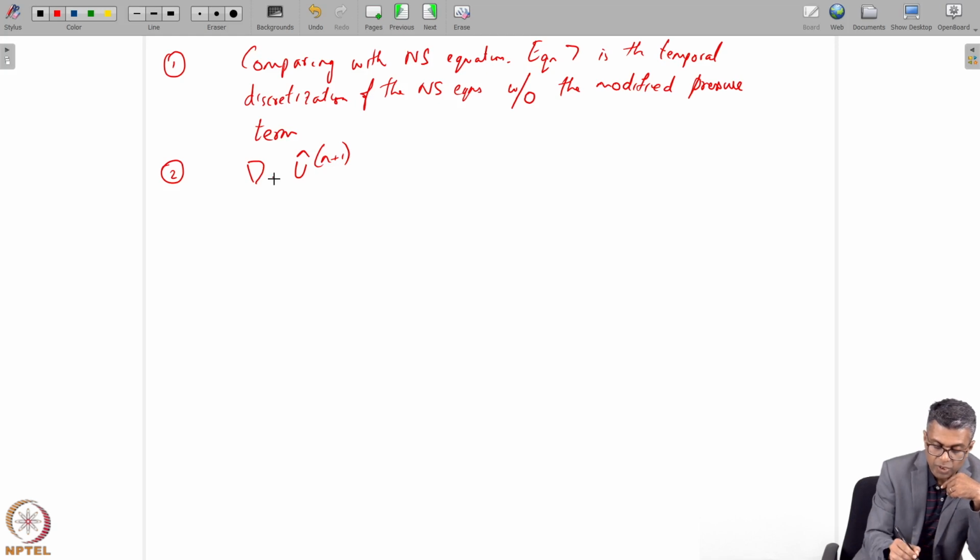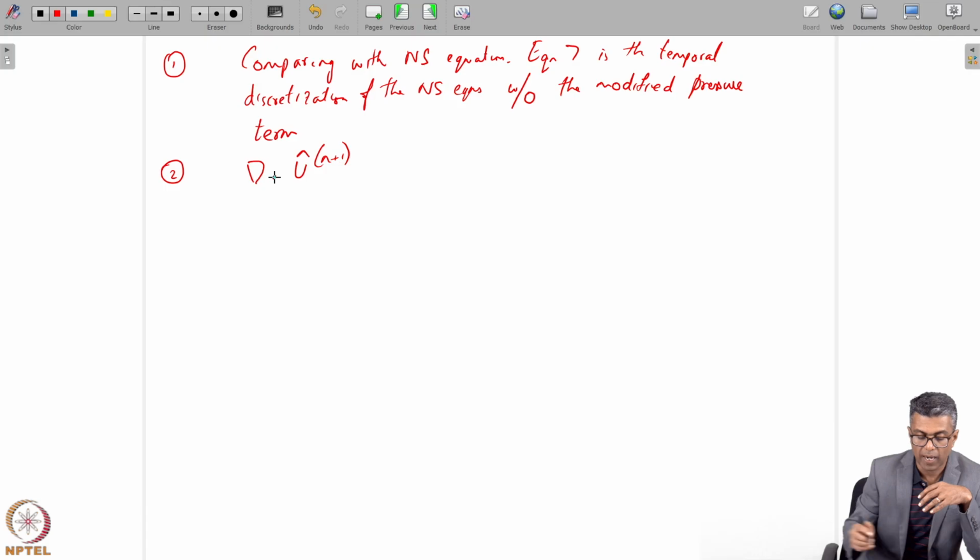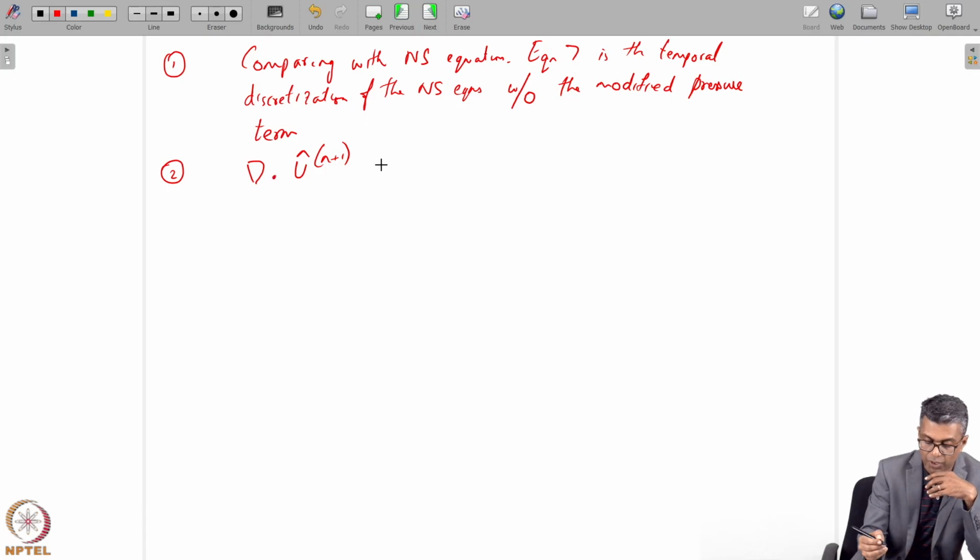So if I use equation 7 to substitute in u hat, I'll use the index notation, so del xj, and I will just substitute equation 7 in here.